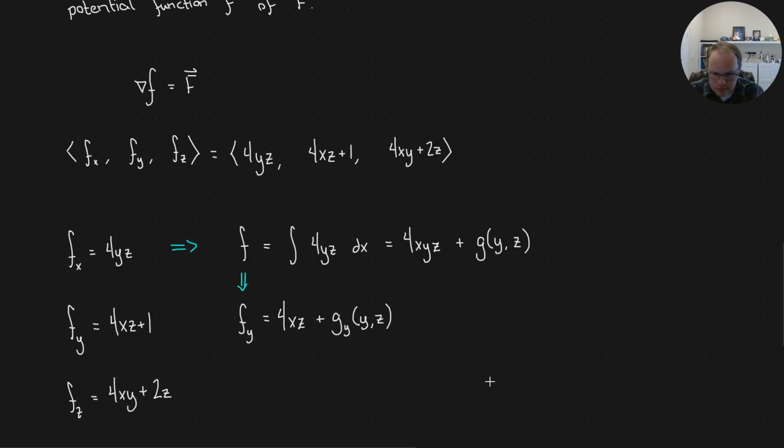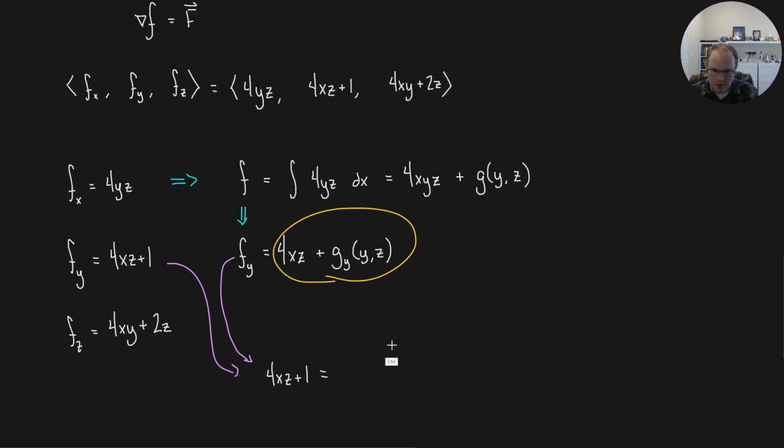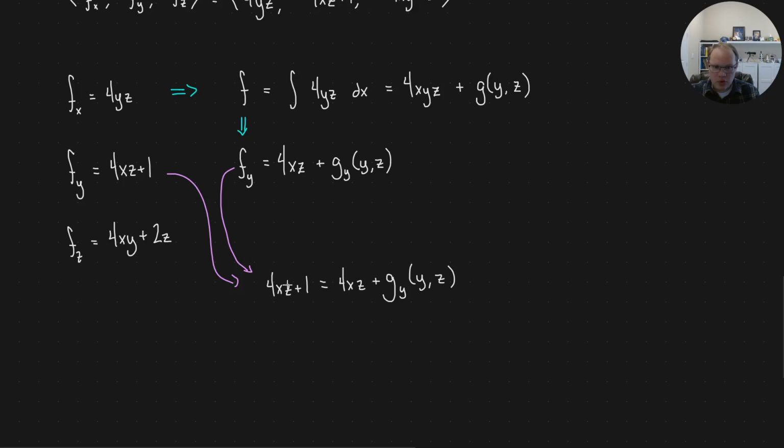So I'm going to equate these together. So 4xz plus 1 must be the same as 4xz plus the partial derivative of g with respect to y. If I subtract 4xz from both sides, I get 1 equals the partial derivative of g with respect to y.